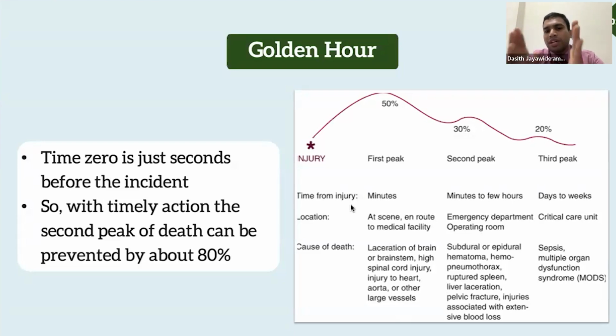But with the golden hour, we can control this 80% of first peak and second peak patients with timely action. So that's why we take all these triage measures, and we address the patient promptly, because we need to prevent this 80% of deaths. Did you understand this golden hour concept?